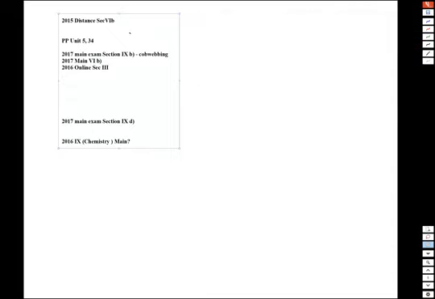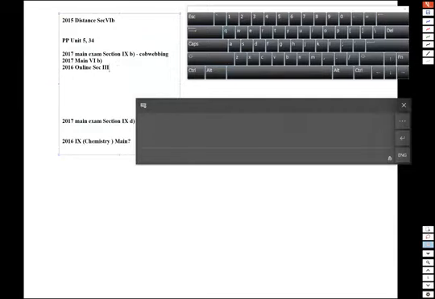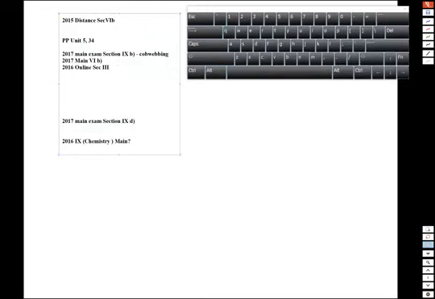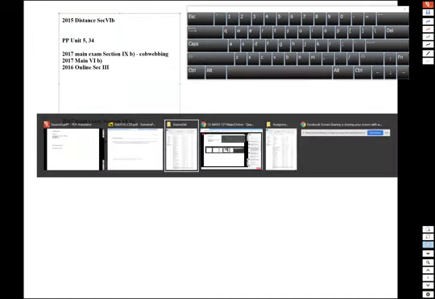Okay, so since we're on the 2016 exam, actually I might get the cobwebbing done that way. I'm going to take a look at the 2016 online section 3 and just roughly the order people came in, and then we'll do the 2015, then PP, and then we'll go back to 2017.